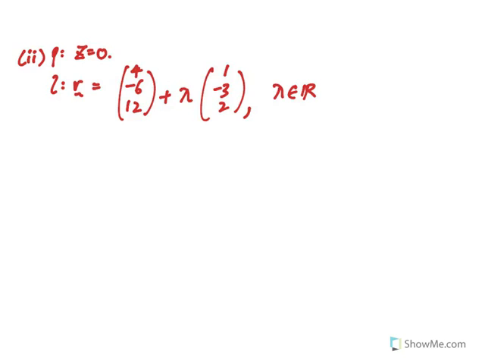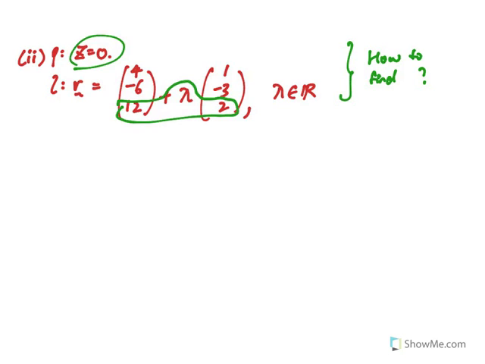Let me ask Family Lim. How do I find the position vector of the point? Very good. So this is what Family did. We equate the z components.